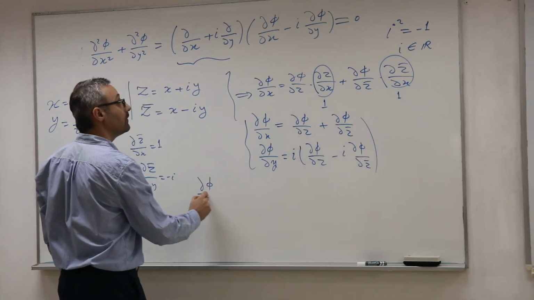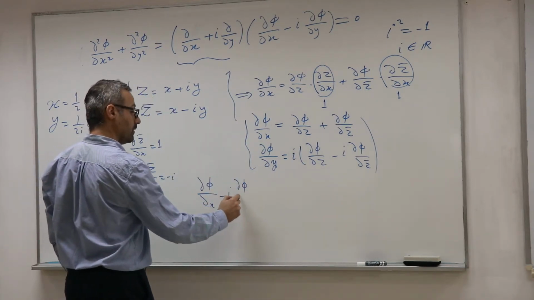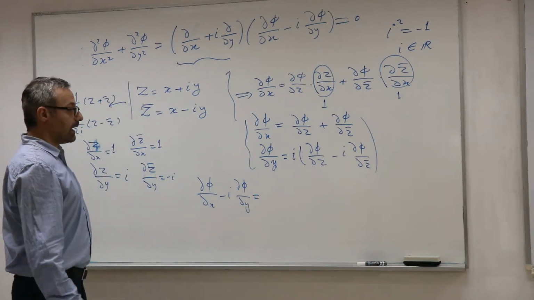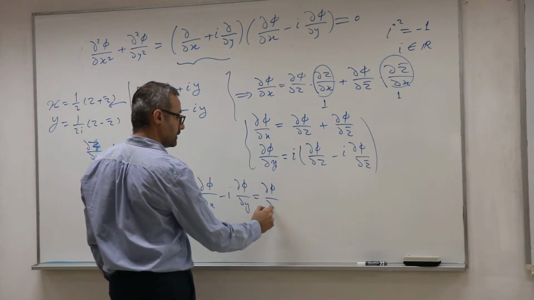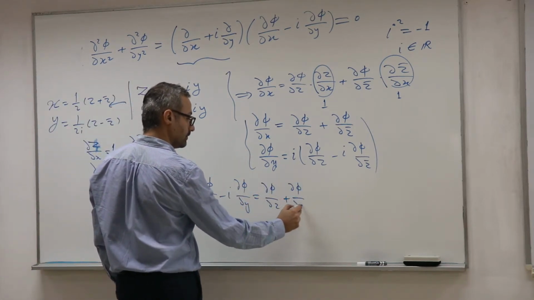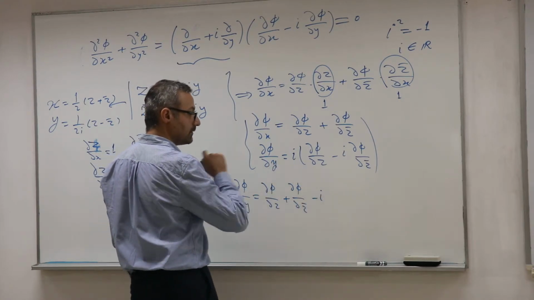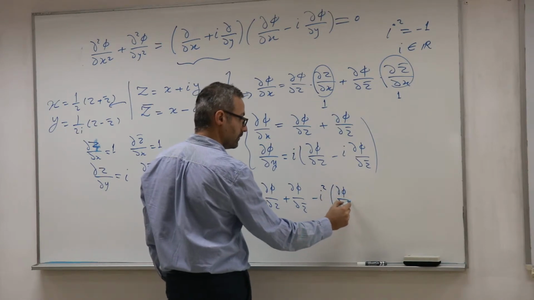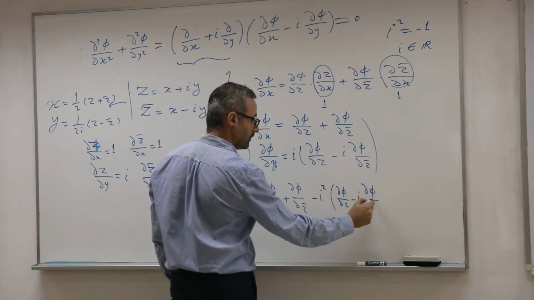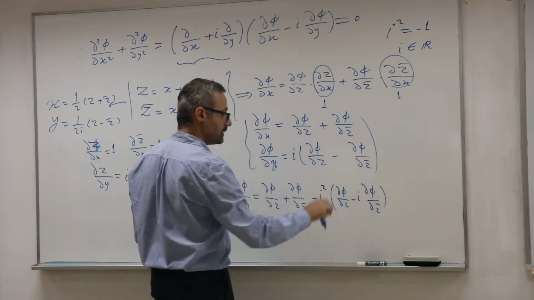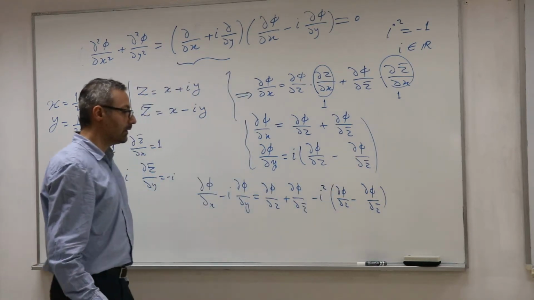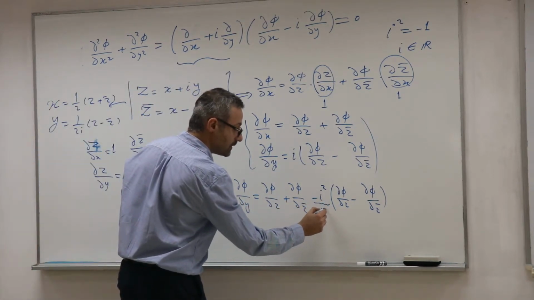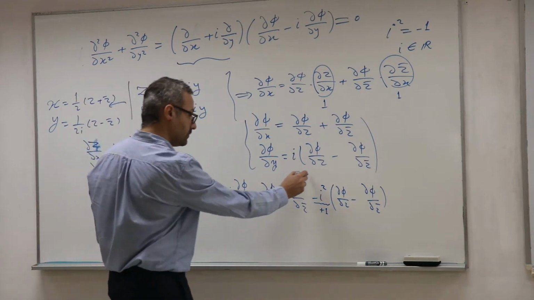Partial x minus i partial y will be partial z plus, minus i, and there is one other i here, so minus i squared. I squared is minus 1, so this is a plus 1, so you see that these two will be cancelled.